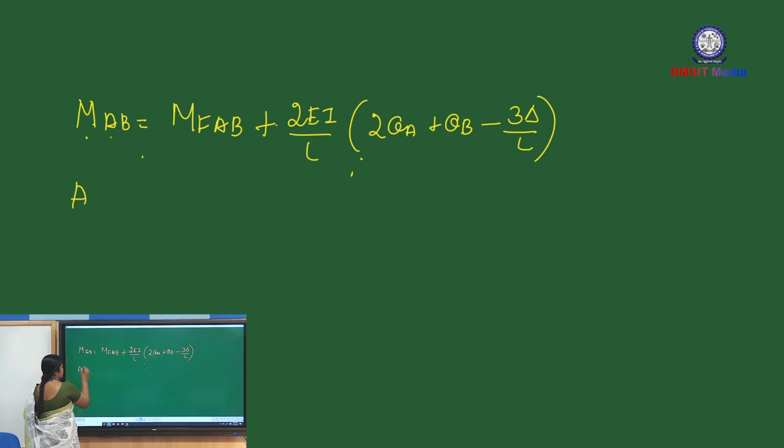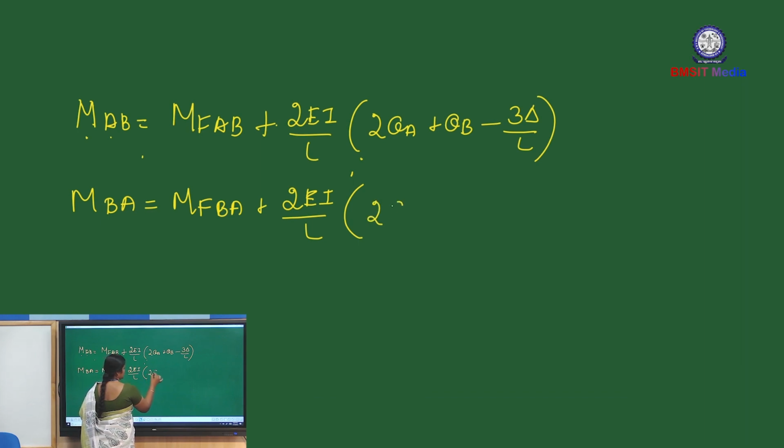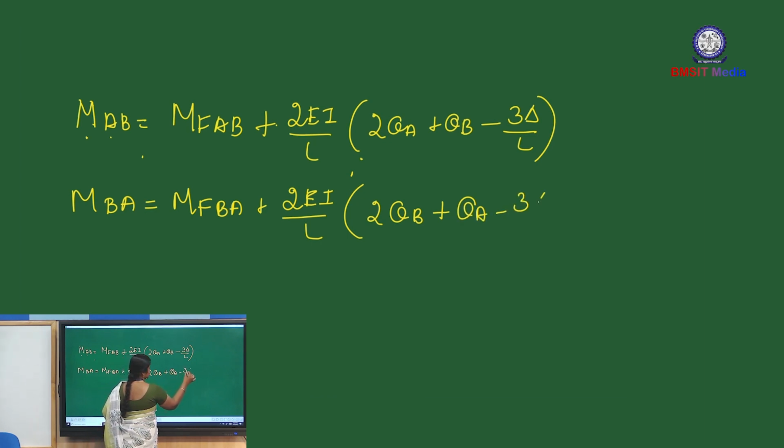Similarly, we can write the other end also, that is M BA. M BA equals M F BA plus 2EI by L into 2 theta B plus theta A minus 3 delta divided by L. Okay, this is at the other end.